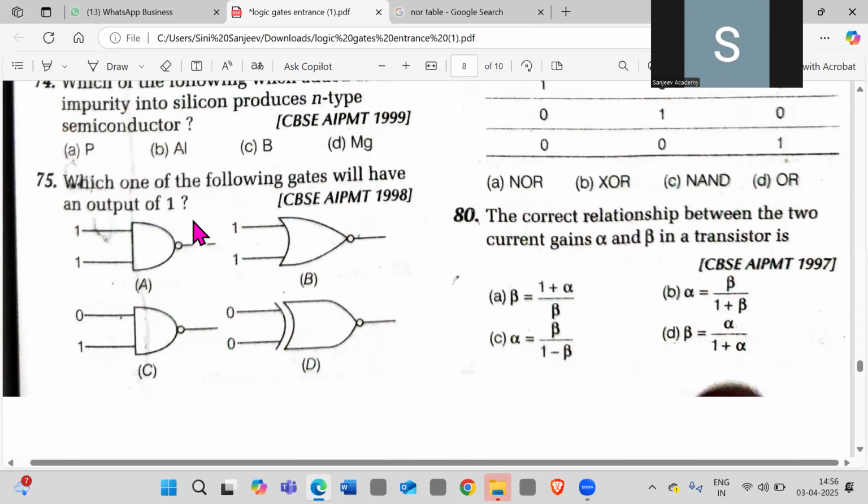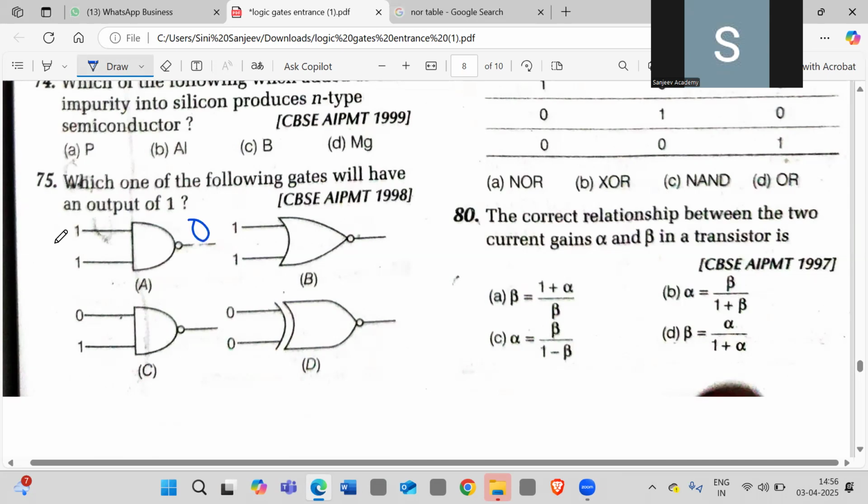Which of the following will have the output 1? Try eliminating. This is 1 and 1. Correct. So output is what? 0.